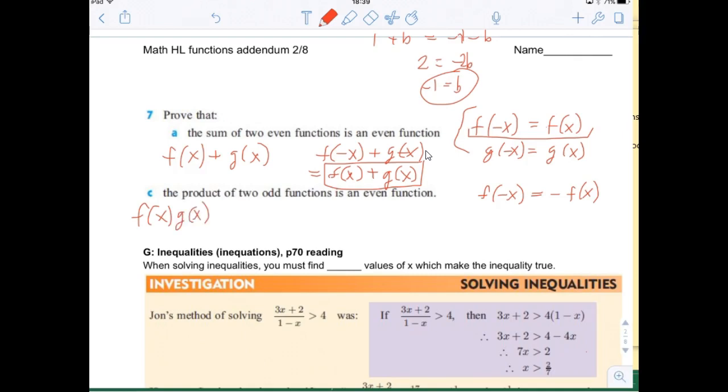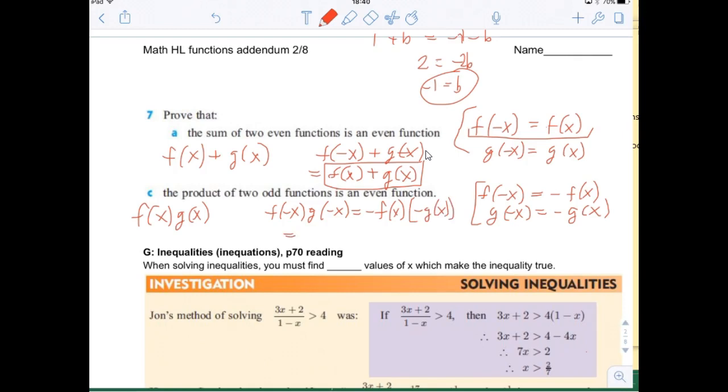Now, if I put negative x into each of these functions, I will get f of negative x and g of negative x. But if I do that, I can take the relationships that I know over here. Both of these are odd functions, so I know that these two relationships work for both. So I'm going to replace f of negative x and g of negative x with negative f of x multiplied times negative g of x.